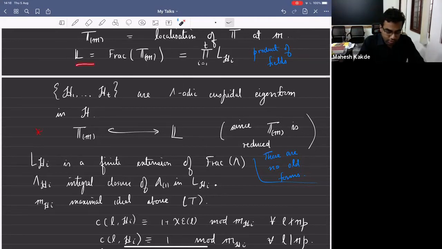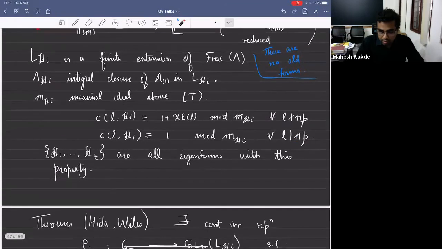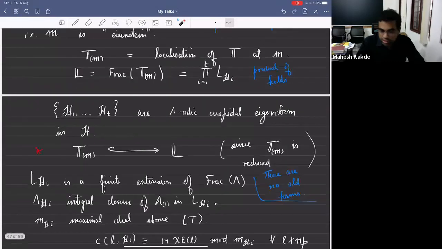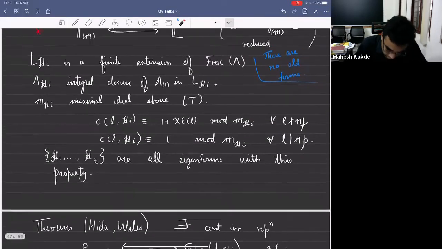You take this, and whatever appears in this product is what it is. I don't know if that answers the question. This is how L_{H_i} is defined, and that's it. Okay. All right. Great.